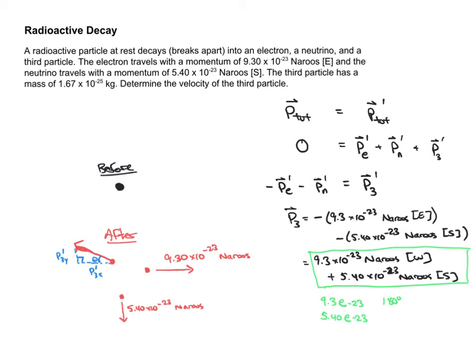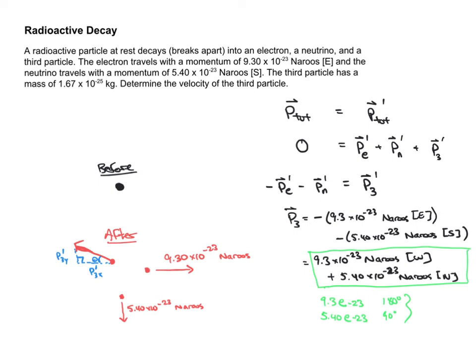And south, no, that's wrong. It should be north. I didn't change it for some reason. Negative south is north. So north, east is 0 degrees and go counterclockwise, so when I get to north, that's 90 degrees.